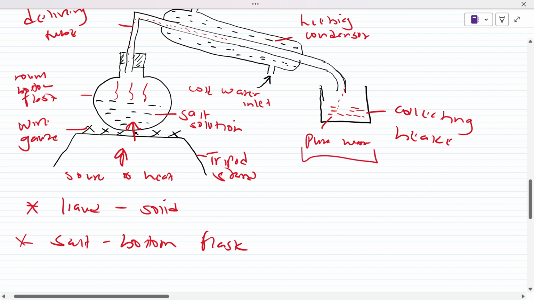So in simple distillation we only use it when we are interested in both the salt, which was our solid, and the water, which was our liquid, that was forming the soluble solid liquid mixture.